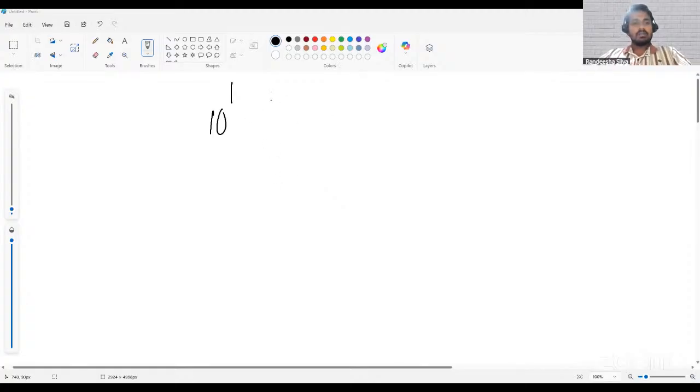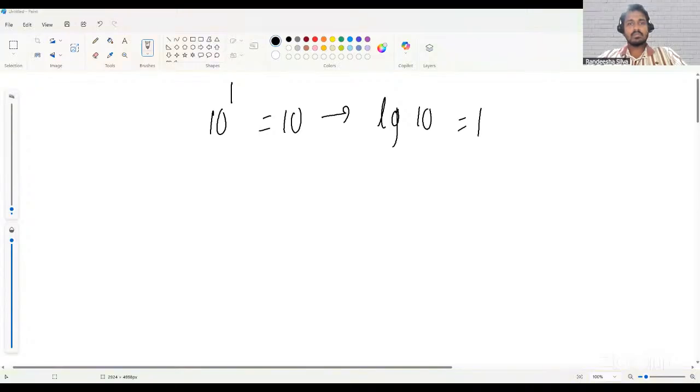10 to the power 1 is 10. So you know that log base 10 of 10 is 1. Then we write LG 10 is 1. It's a common thing. Then another index, 10 to the power 2.